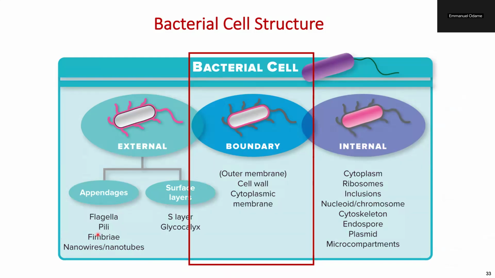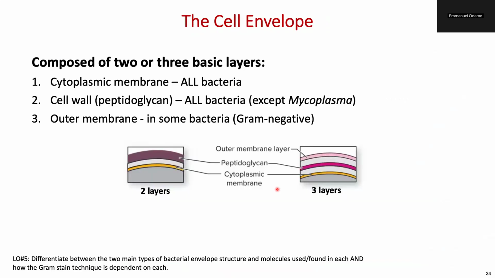So now we've discussed the outer surfaces, the appendages, and what is on the surface itself. Now we are going to talk about the boundaries: basically the outer membrane, the cell wall, and the cytoplasmic membrane. Bacteria, like any other cell, obviously have a cell membrane, and the cell envelope is composed of two or three basic layers.